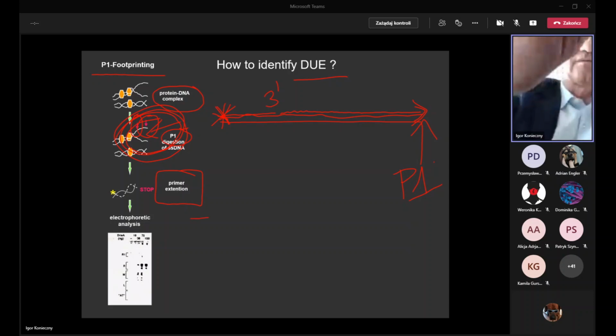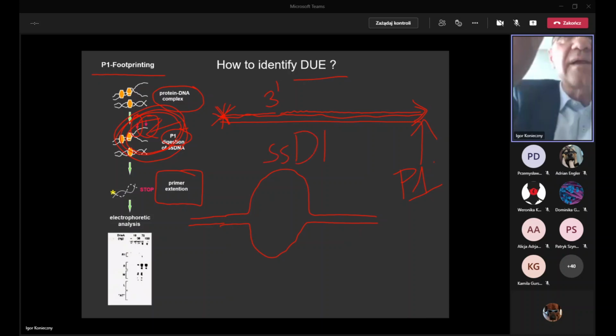Let's say we have this replication bubble, but not this later one, just this one before, a single-stranded region early at the beginning. Single-stranded DNA, and this is just due to the protein interaction.